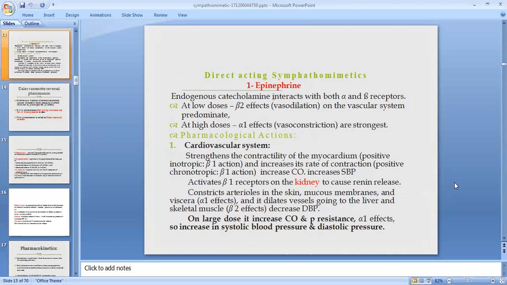Adrenaline constricts arterioles in the skin, mucous membrane, and viscera, which is the alpha 1 effect, and it dilates vessels going to the liver and skeletal muscle, which is due to the beta 2 effect, and it decreases diastolic blood pressure. On large doses, adrenaline increases cardiac output and peripheral resistance, the alpha 1 effect. So there is an increase in systolic blood pressure and diastolic blood pressure.